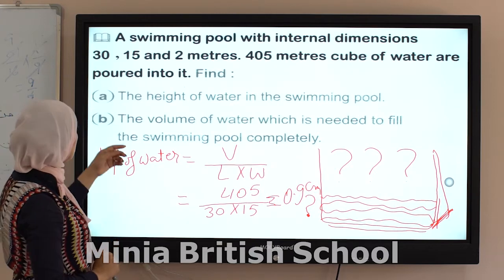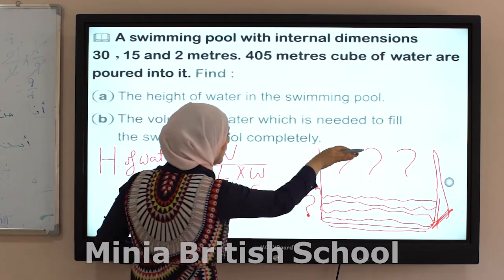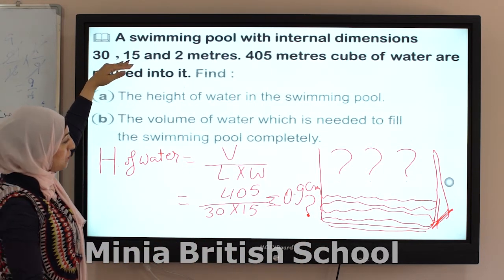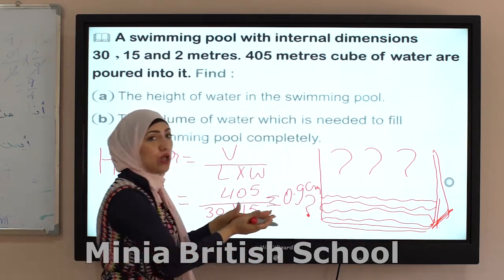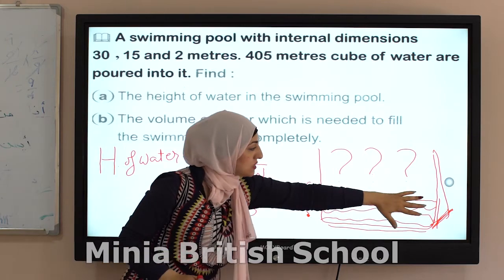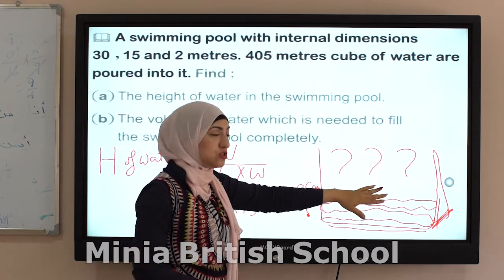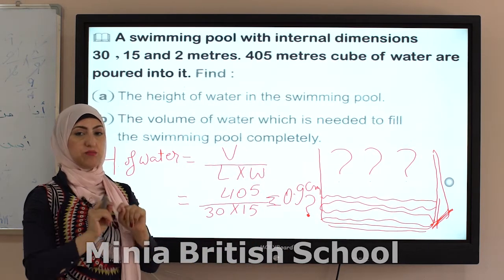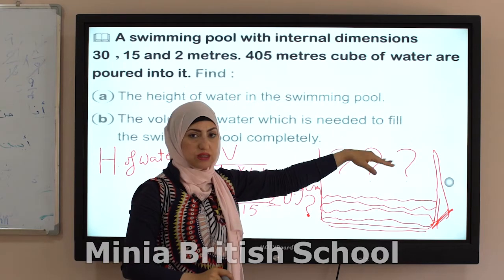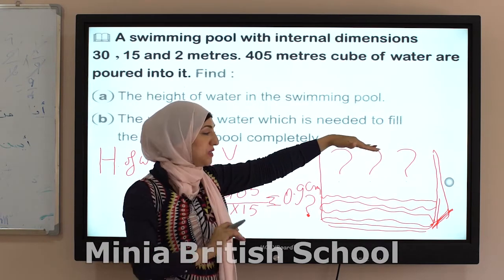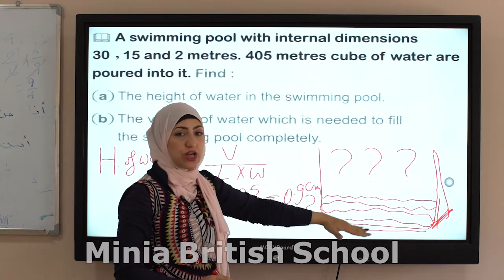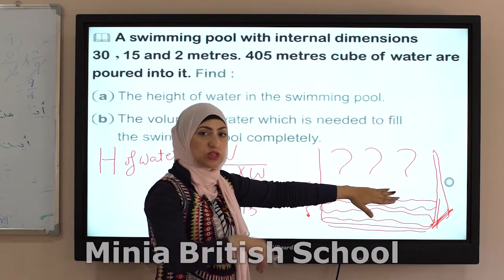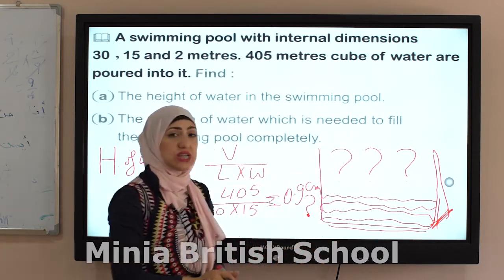The next question, the volume of water which is needed to fill the pool completely. Okay, if I calculate the volume of all the pool, then subtract this amount, it will give me the rest of the volume of the pool, right? So the remainder will be the rest of the pool.